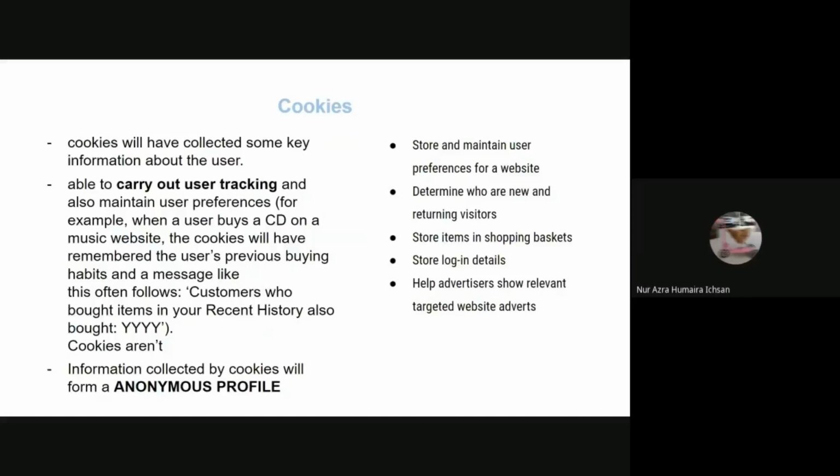It is not dangerous because it doesn't contain personal information such as credit card numbers or passwords. Basically, cookies overall track the analytics of the user, which is you. But you do not have to worry since the information collected by the cookies will form an anonymous profile.